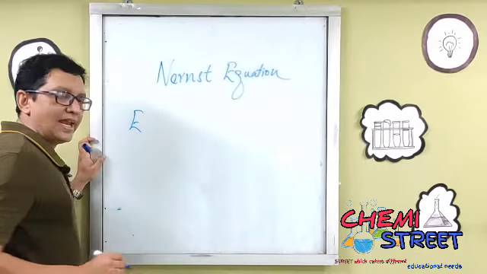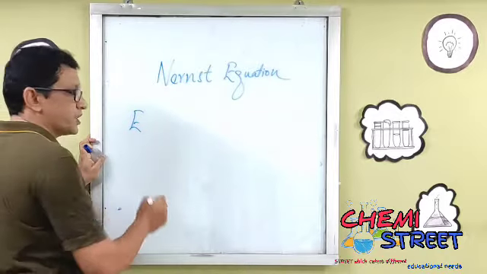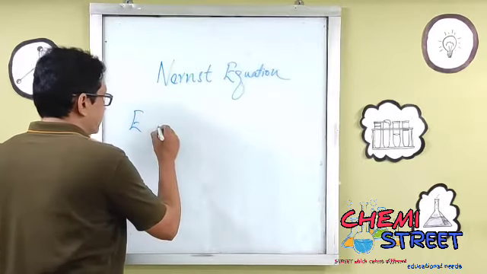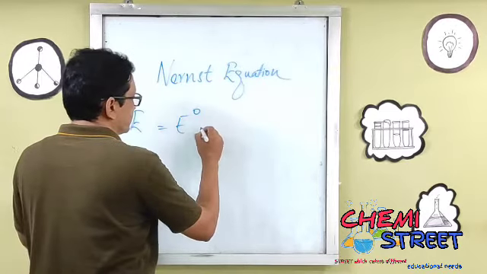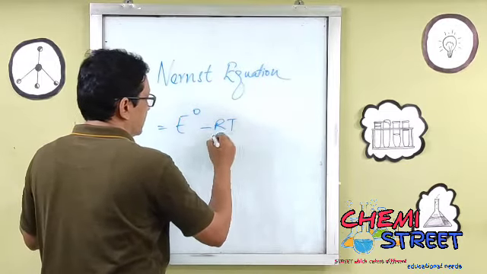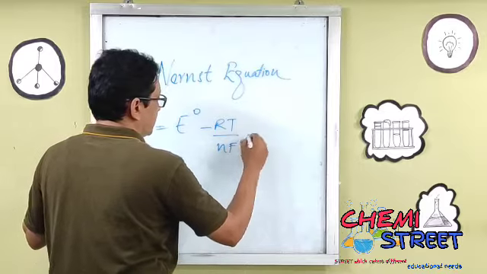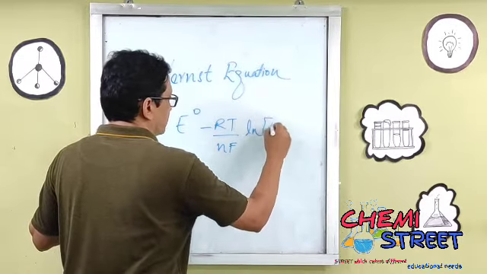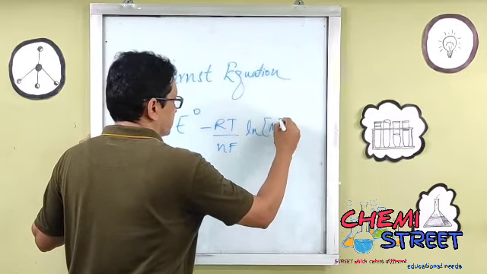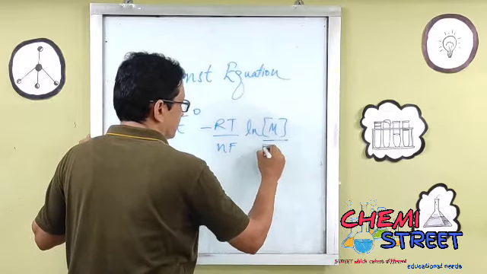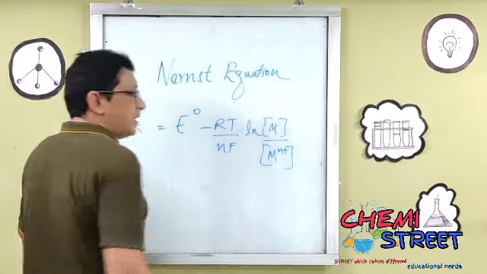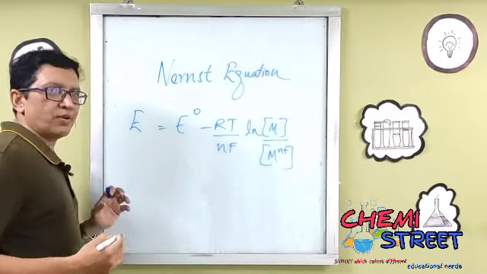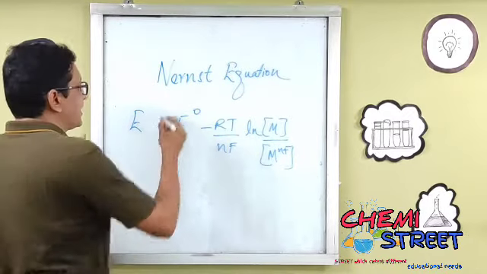E is the electrode potential which you have to find out. Listen, we are finding an equation, a reduction equation.